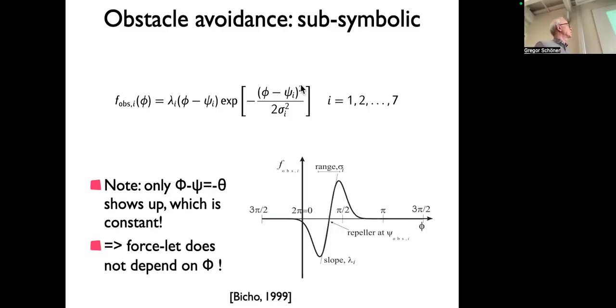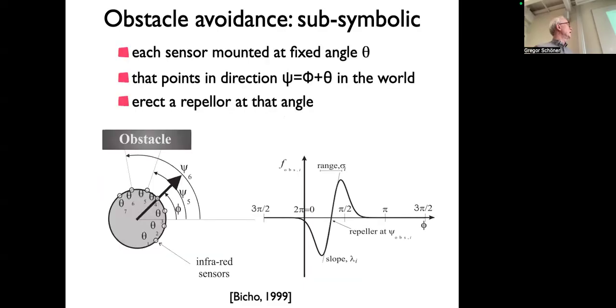So let's first look at the equation you're familiar with, those who looked at the exercise. And you see that the only variable that shows up in this equation is phi minus psi. It's the only form in which these variables show up. We'll see it shows up also in the sigmoid in a moment. And if you go back to the scene here, you see phi minus psi, like minus psi plus phi.